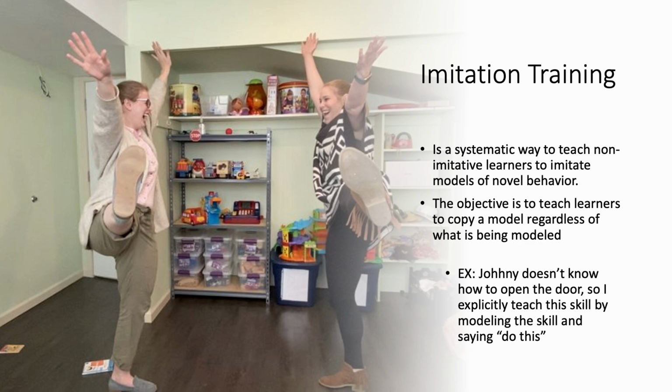I see this all the time when I'm working with clients. I'll provide my therapist with a list of targets that they should teach the learner to engage in, and the therapist will teach the learner all the different skills. Let's say it's a list of 10 targets. And then once they hit the 10 targets, they're like, okay, perfect. This child has mastered the imitation program, and now they have an imitative repertoire.